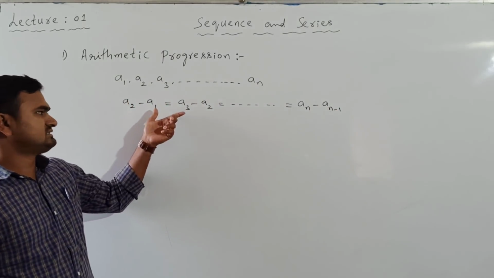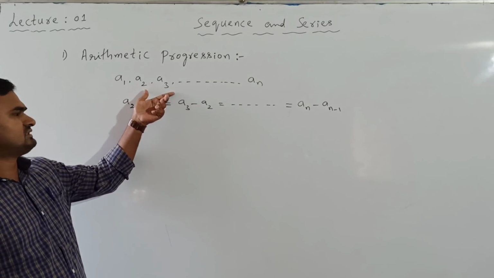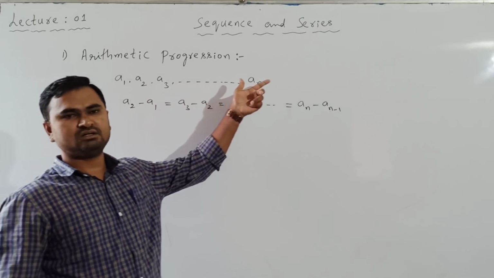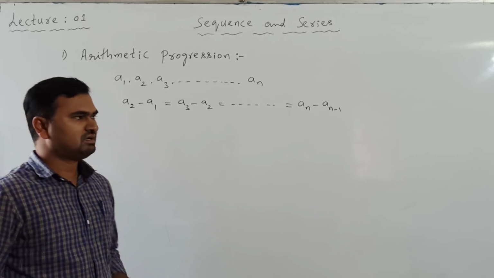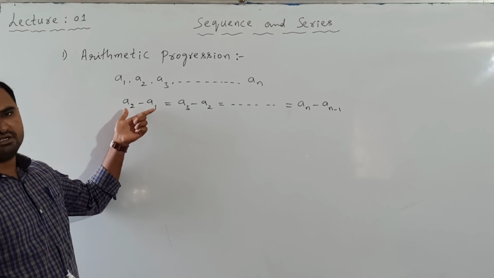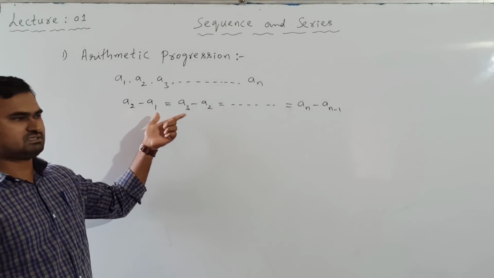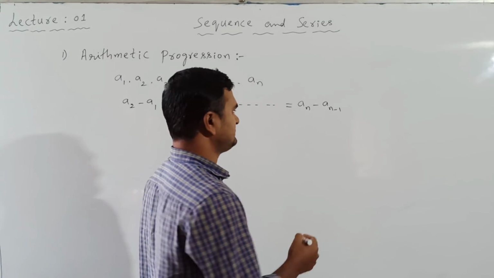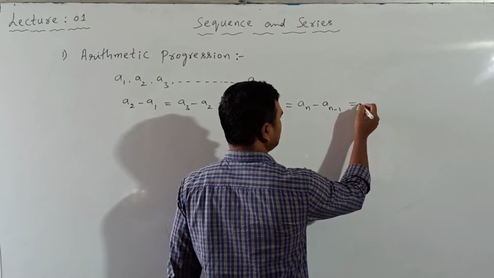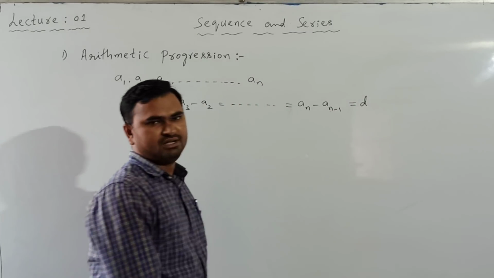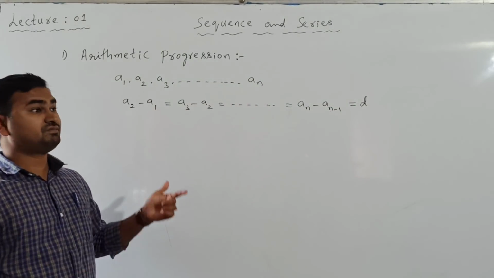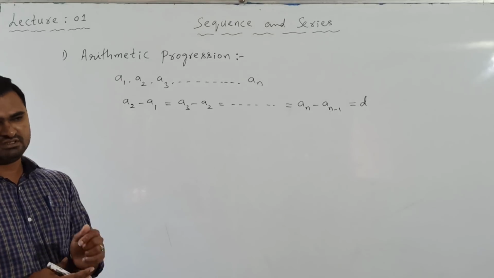If this difference is the same, then the sequence is in arithmetic progression. This constant difference is called the common difference, which is denoted by small d. So d indicates the common difference of this arithmetic progression.